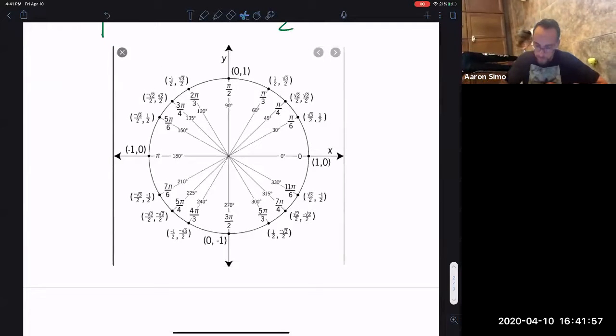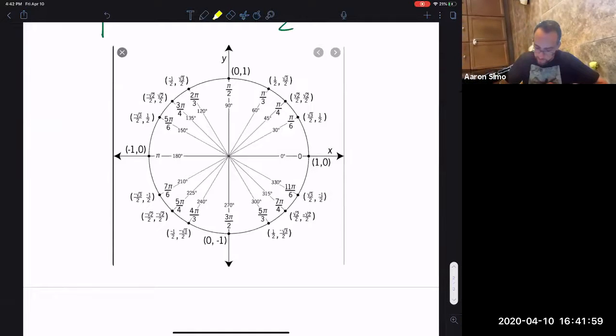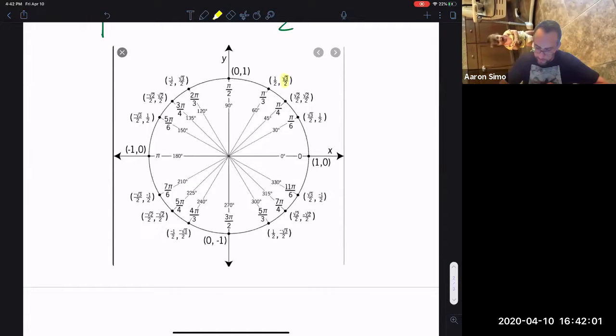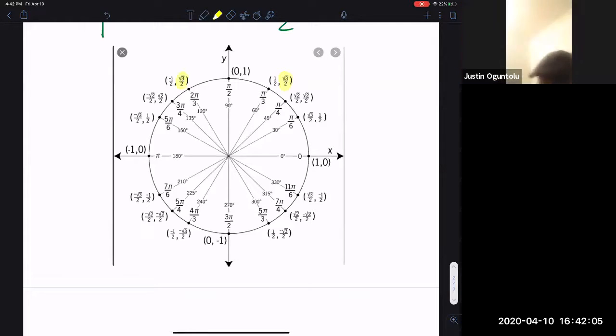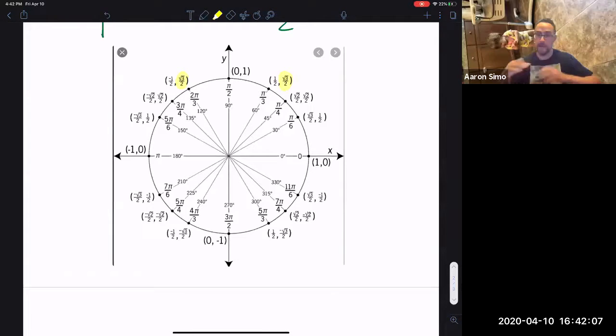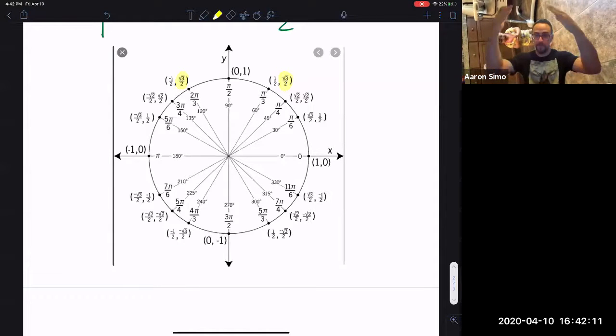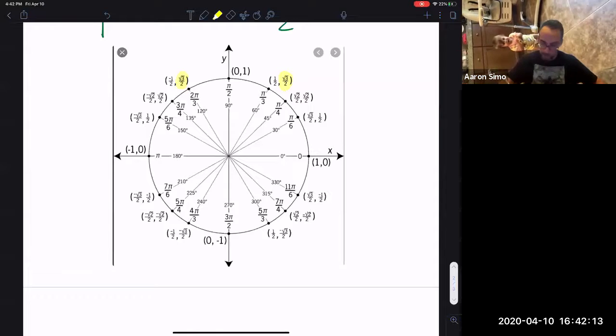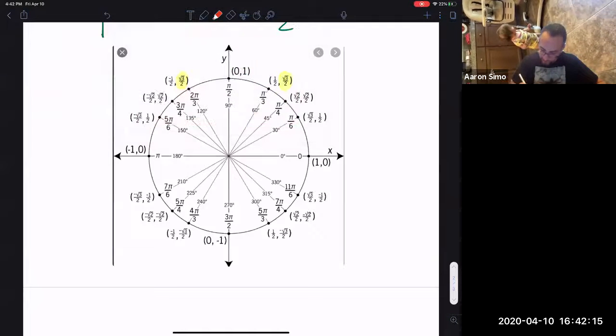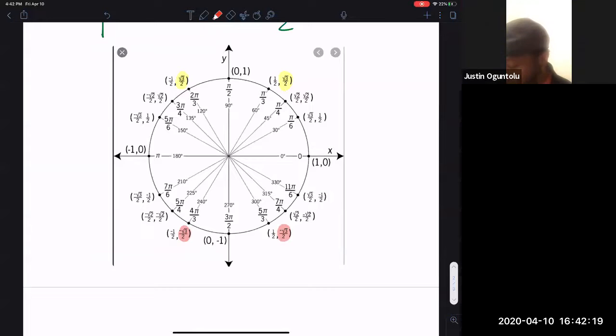Because if you look at the circle of trig, we're looking for where the y value is √3/2, right? Now the sine is like the y value, so it's positive on top, and guess what? It's negative on bottom. See this? So yeah.